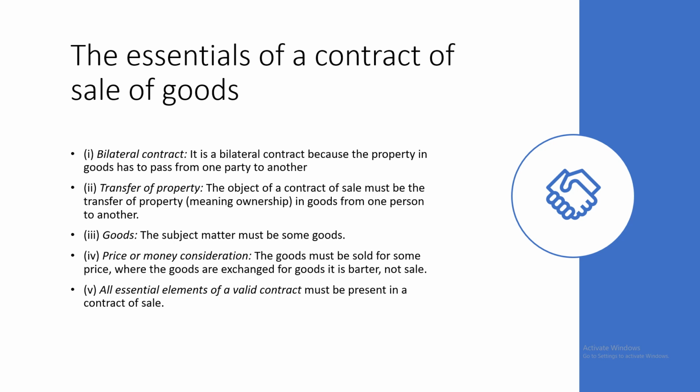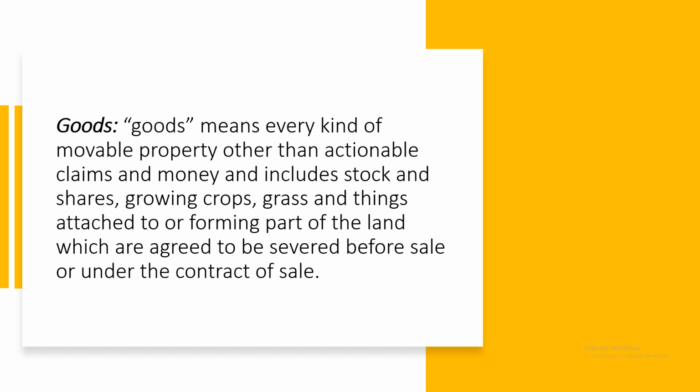Let us now check the meaning of goods and what includes goods. Goods means every kind of movable property other than actionable claim and money, which includes stock and shares, growing crops, grass, and things attached to or forming part of the land which are agreed to be severed before sale or under the contract of sale.